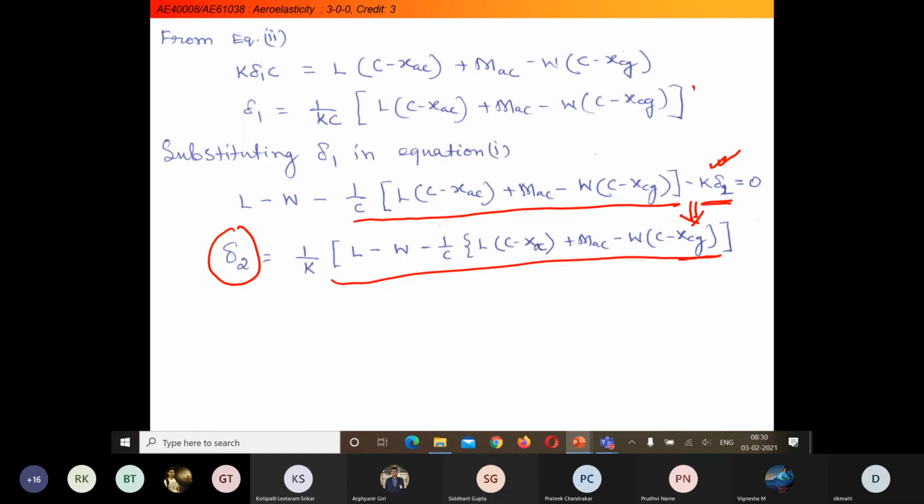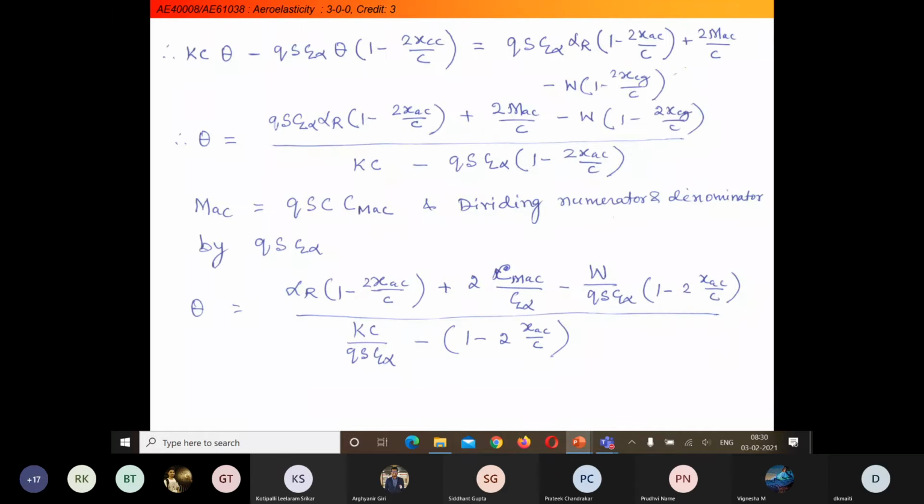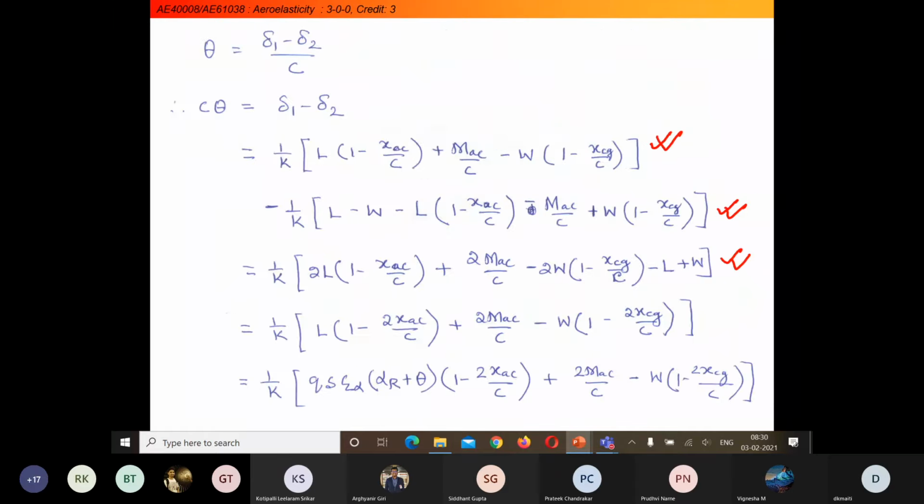So we have obtained the value of delta 1 and the value of delta 2, and then I am calculating theta is equal to (delta 1 minus delta 2) by C. I have just done the manipulation here, simplified the expression, and finally got it in this form.